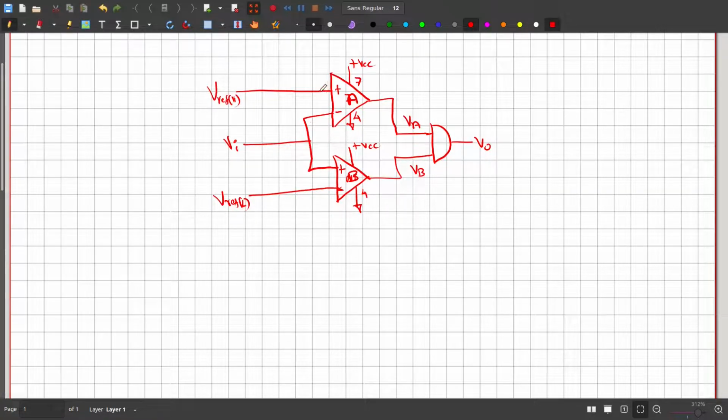So let me mark it: this is the inverting comparator, and the second one is the non-inverting configuration.